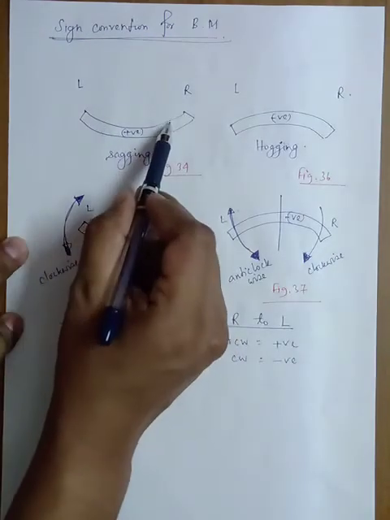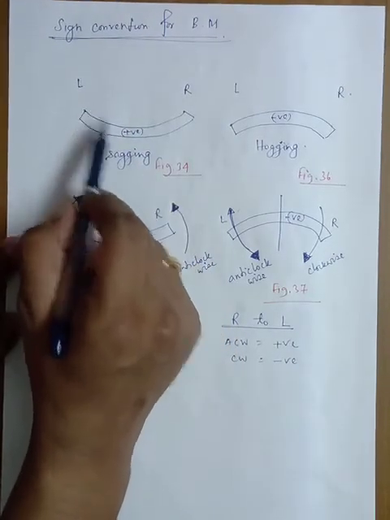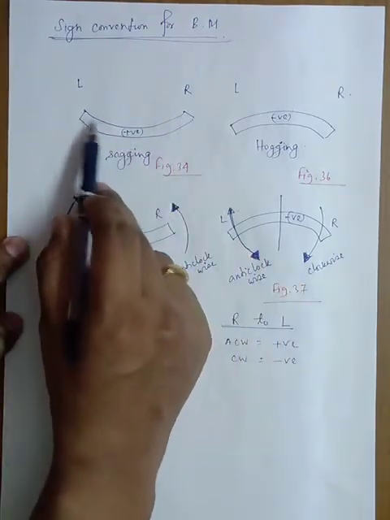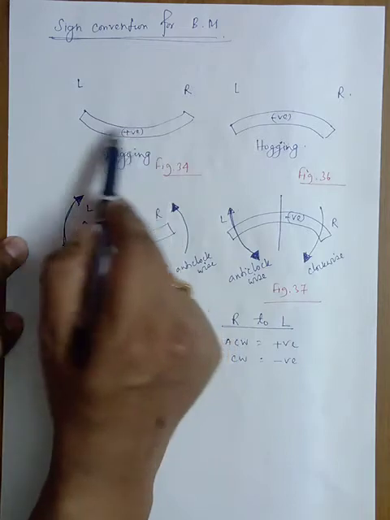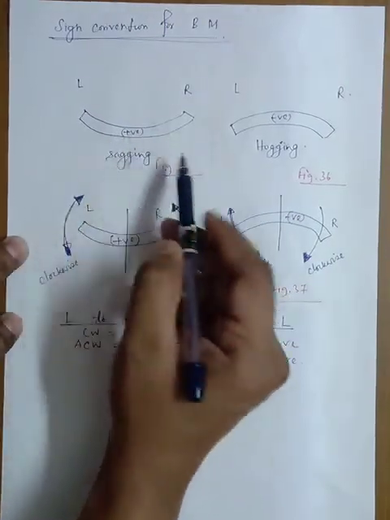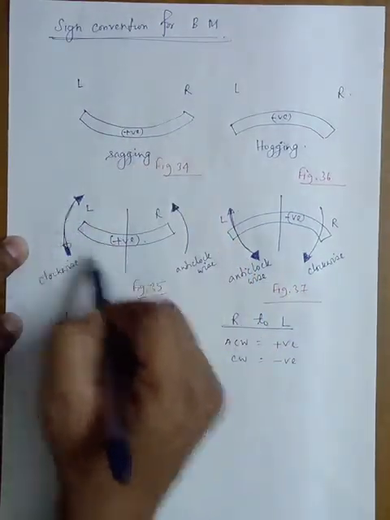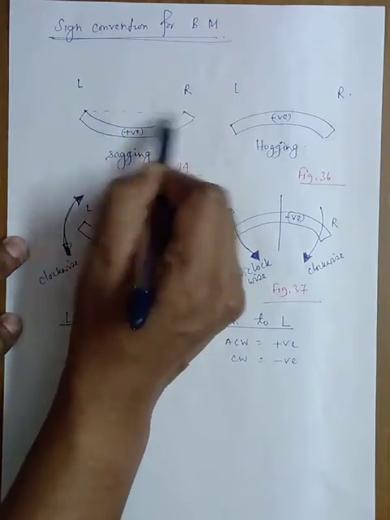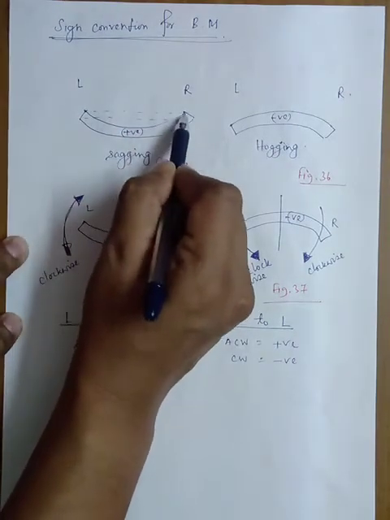So if moments are acting on a beam, the beam is probable to bend in this fashion. So you can assume that the moments will be acting in this direction, then only a straight beam can become this type, isn't it?